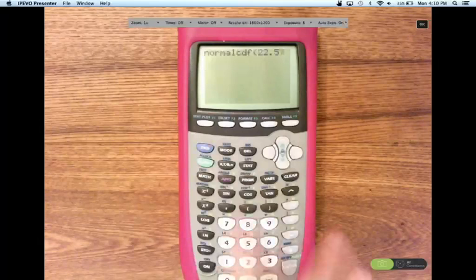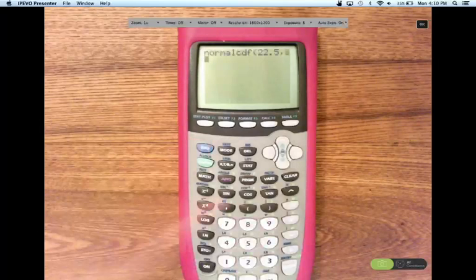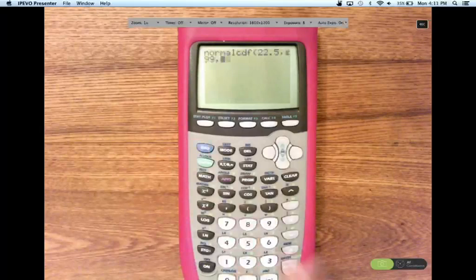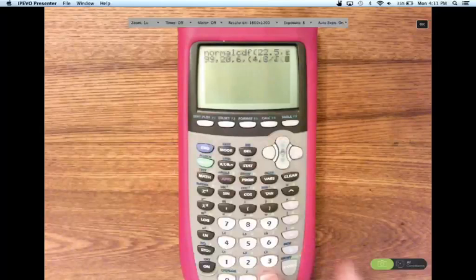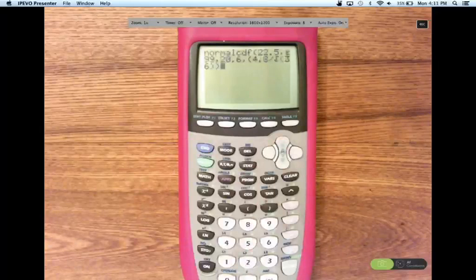And so we're going to go to infinity. And so you can hit second, the comma button to bring out E for 99, comma, the mean 20.6, comma, and then when you type in the standard deviation, if you found the actual number, you can put it in, or you can put it in like this. Just make sure you put it inside parentheses.